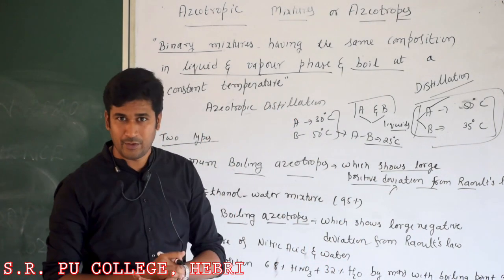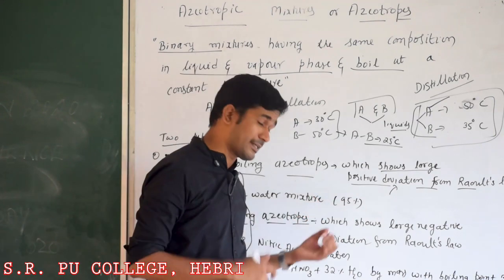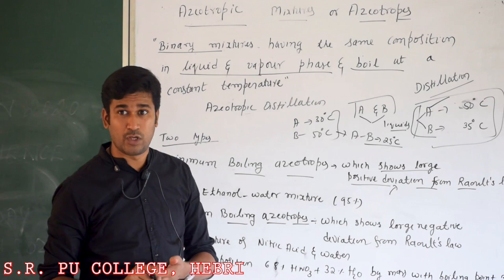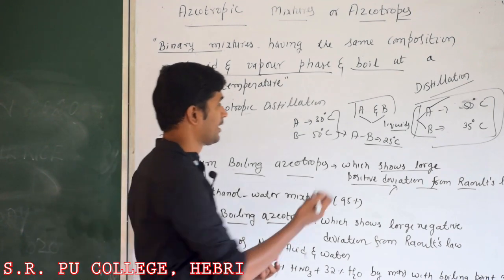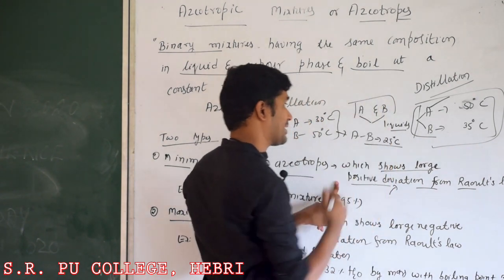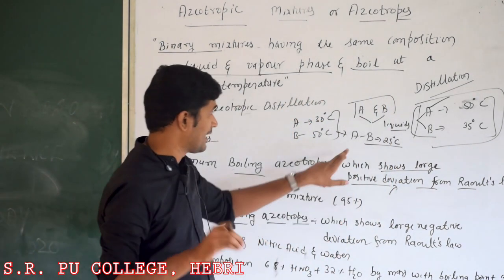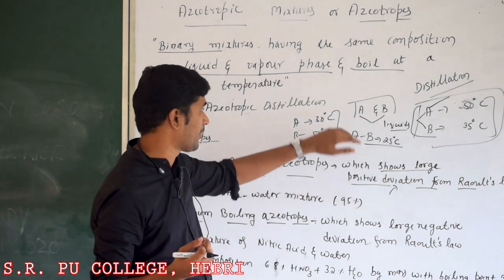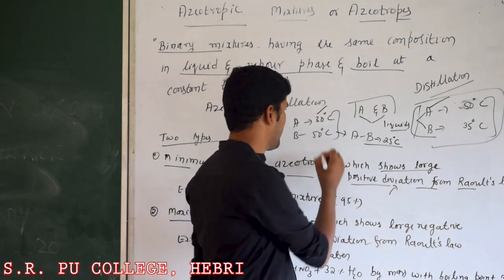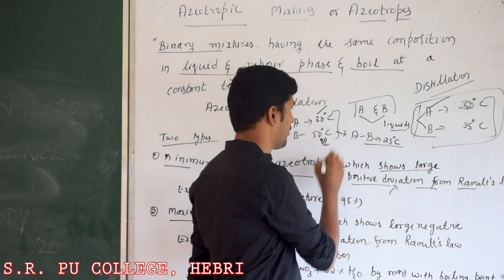Boiling point is the temperature at which the vapor pressure of a liquid becomes equal to atmospheric pressure. Since vapor pressure increases, less heat is required to boil it. So now A has a boiling point of 30 degrees Celsius and B has 50 degrees Celsius.